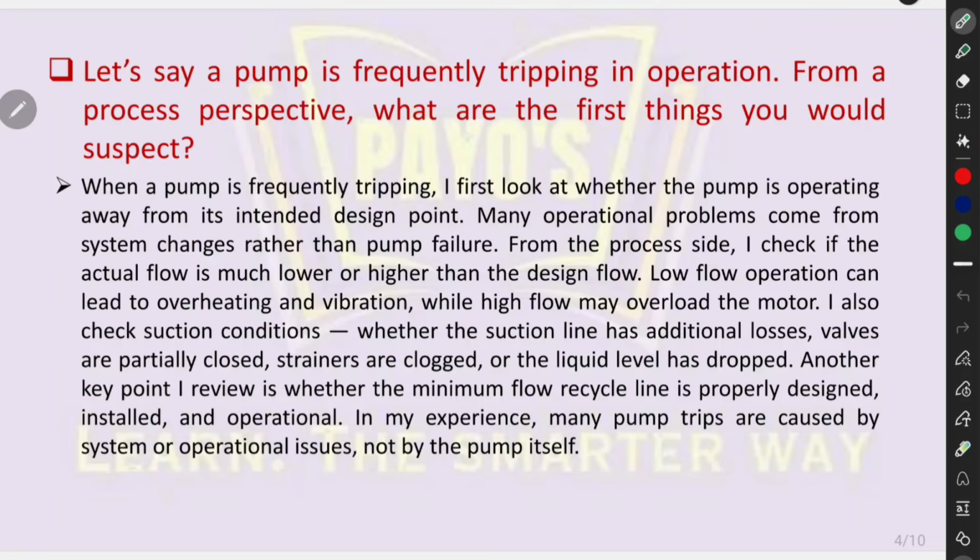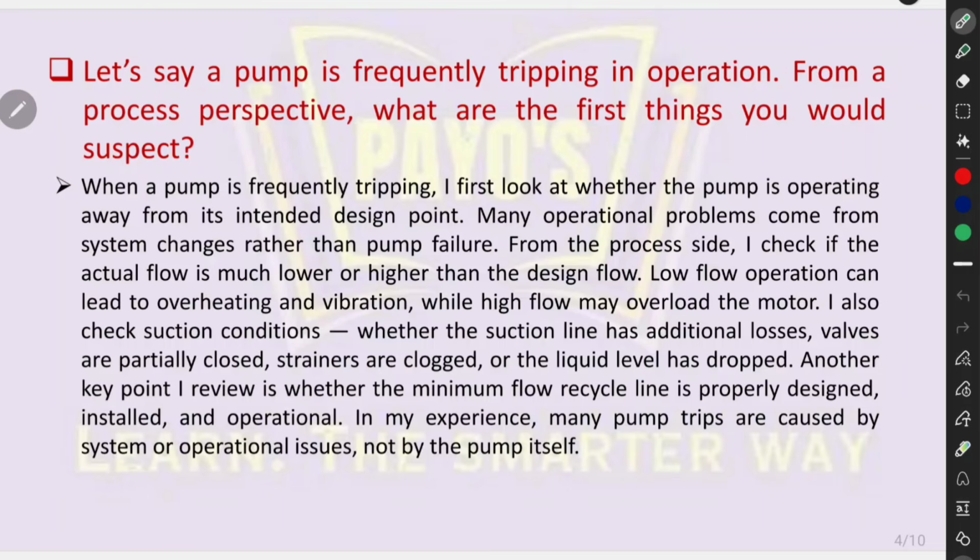When a pump is frequently tripping, I first look at whether pump is operating away from its intended design point. Many operational problems come from system changes rather than pump failure. From the process side, I check if actual flow is much lower or higher than design flow. Low flow operation can lead to overheating and vibration, while high flow may overload the motor.